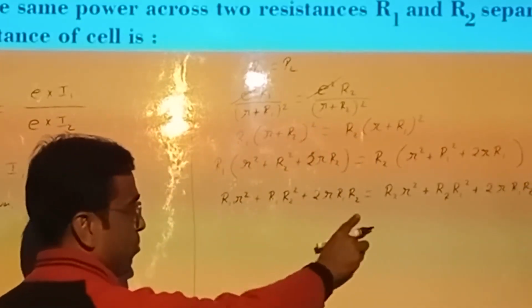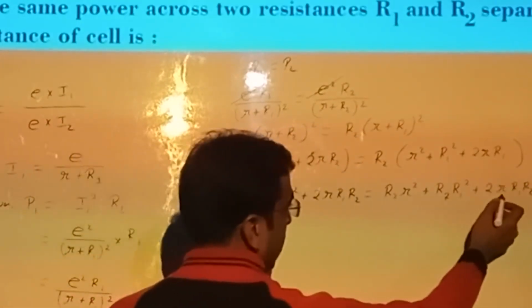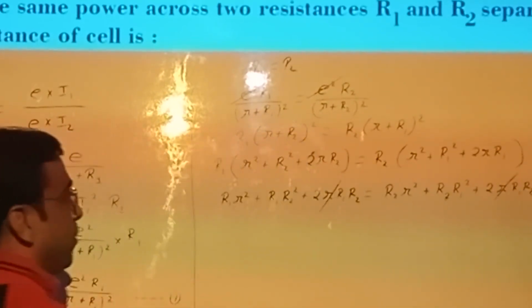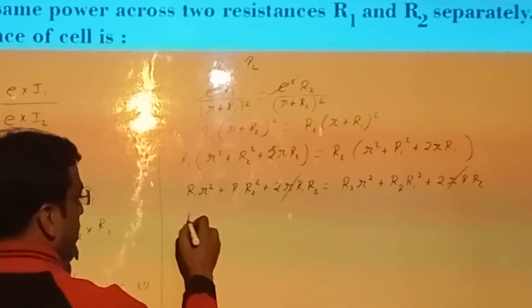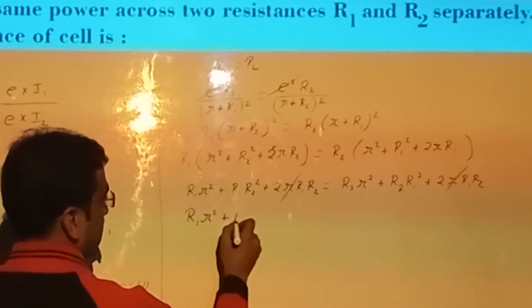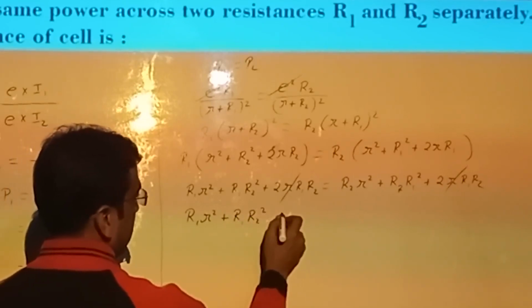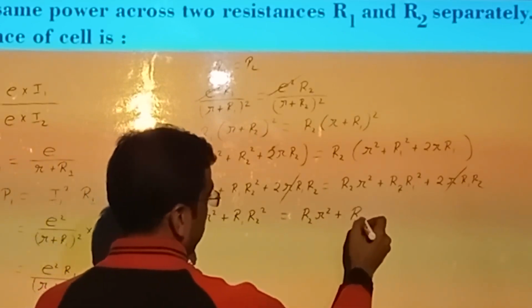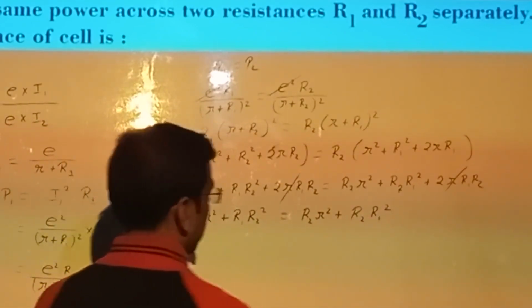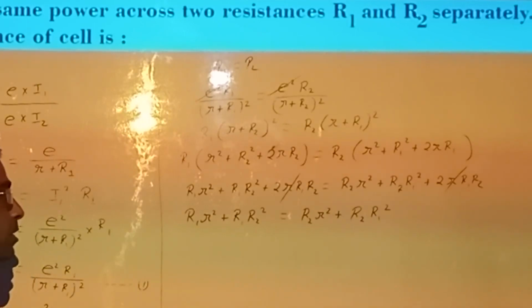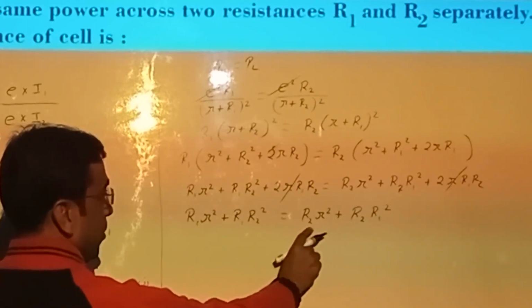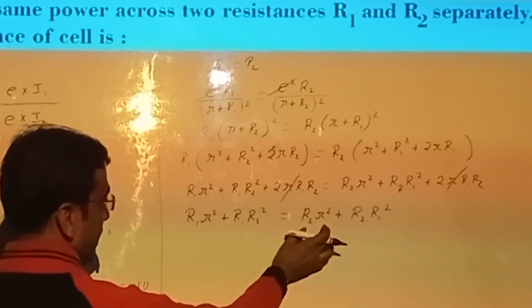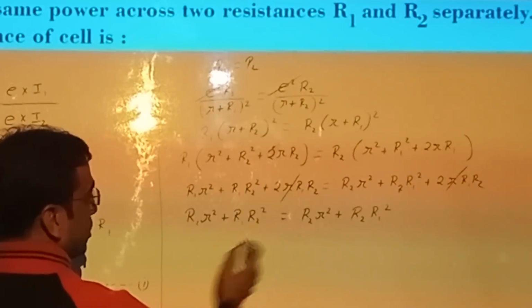By cancelling 2R R1 R2 on both sides, we have R1 R square plus R1 R2 square equals R2 R square plus R2 R1 square.